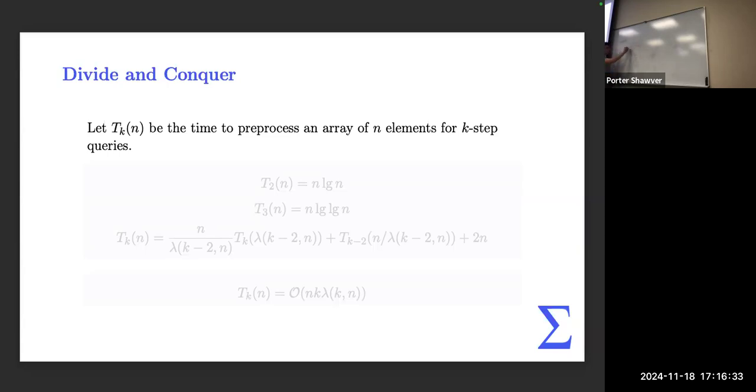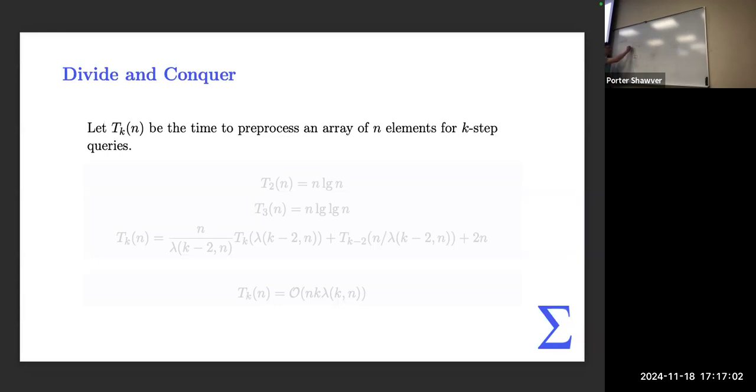If a query spans the middle line, we can take the minimum of this range and the minimum of that range, and take the minimum of them. That will be a k equals 2 step algorithm, since we're doing two queries into the data structure and then knitting them together.